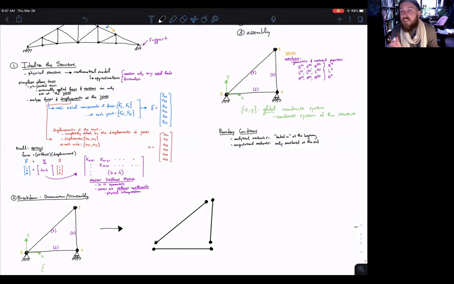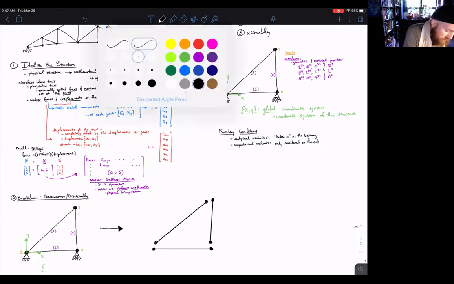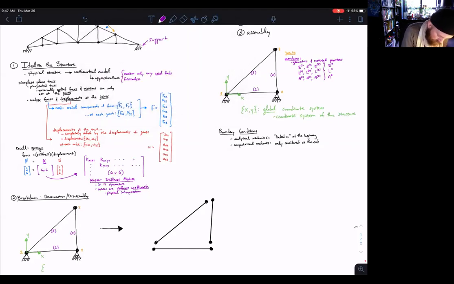We're going to evaluate each member in their own coordinate system. So for the first member, that's a fairly trivial remark, because the coordinate system of this first member will coincide with the coordinate system of the global structure.